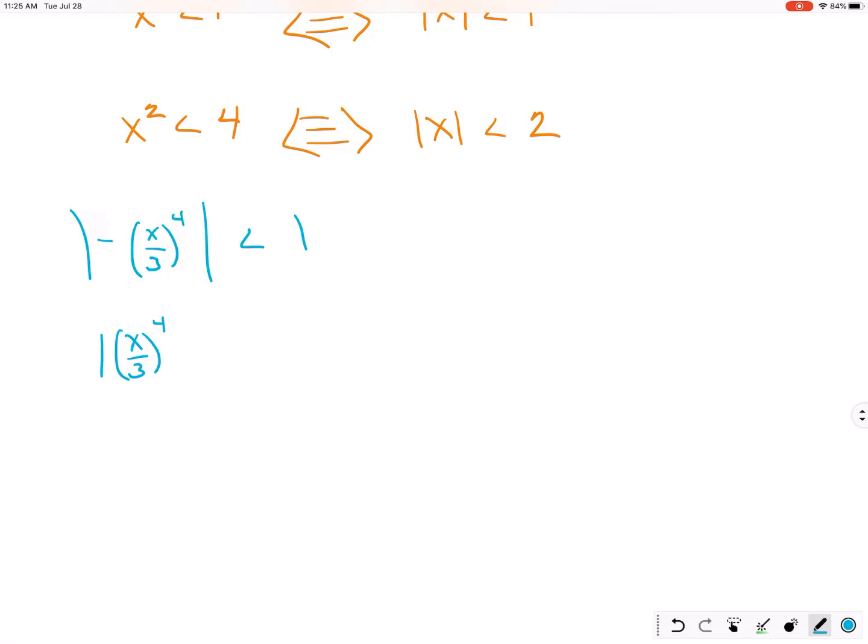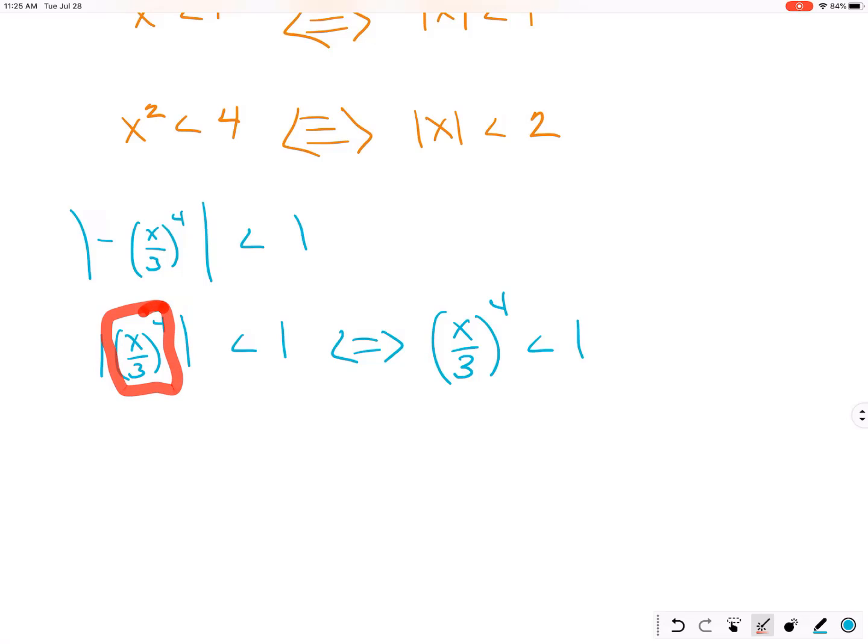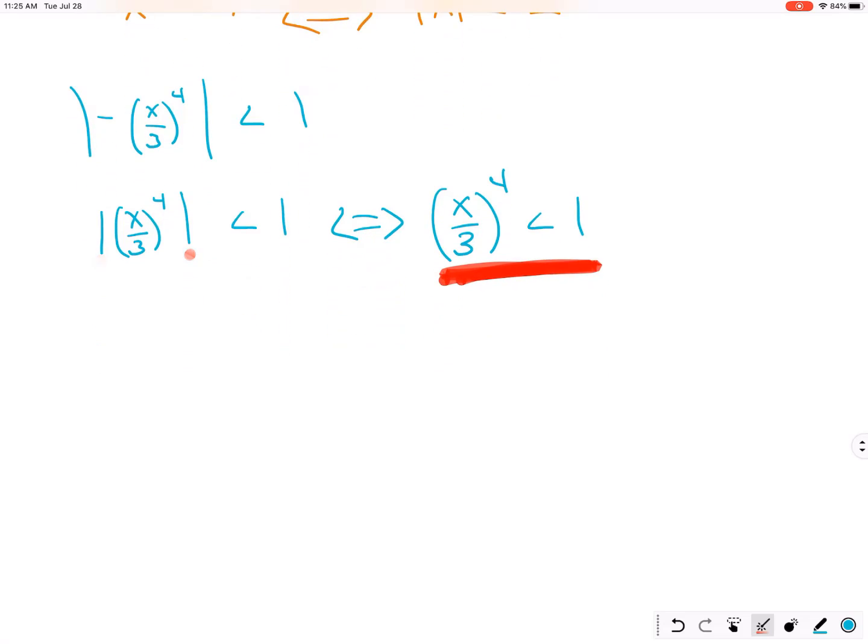So I have the absolute value of x over 3 to the 4th is less than 1. Now, when we're actually working this out on paper, we tend to skip this step, but the step is really there. So this then is x over 3 all raised to the 4th less than 1. This is always positive, so we don't need the absolute value.